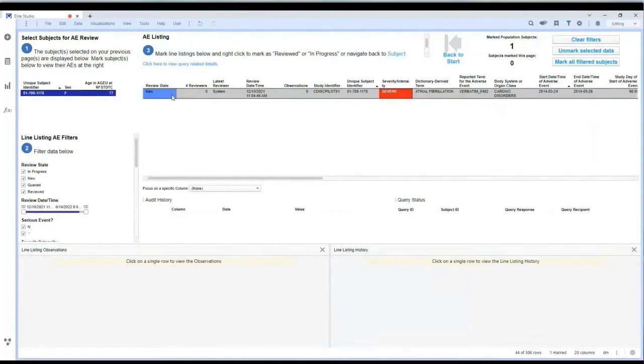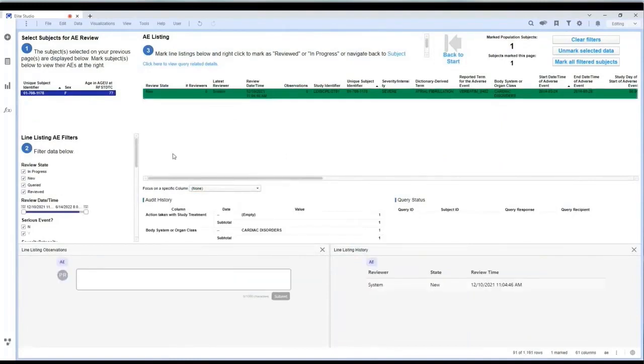So I can take a look at this adverse event. What I've done is I've gone to an AE listing page. This is part of the structured workflow. I can select the adverse event. I can put in a comment that I can target to a potential person that I want to ask.